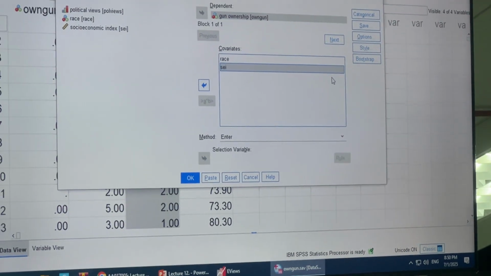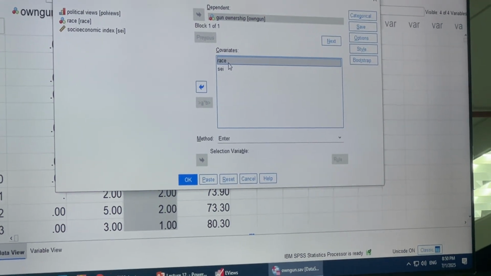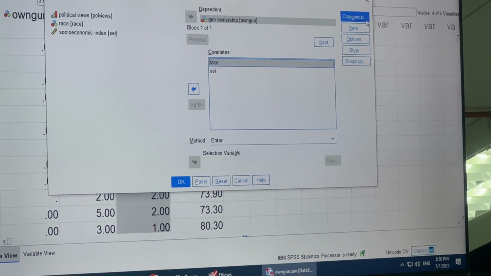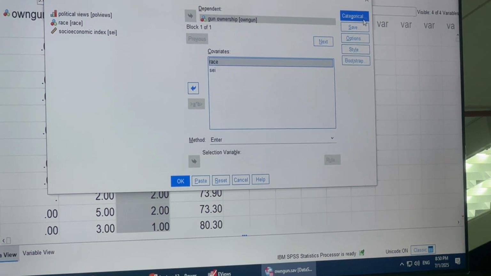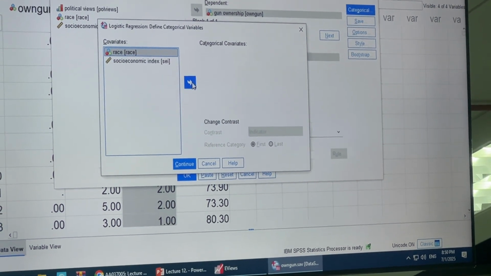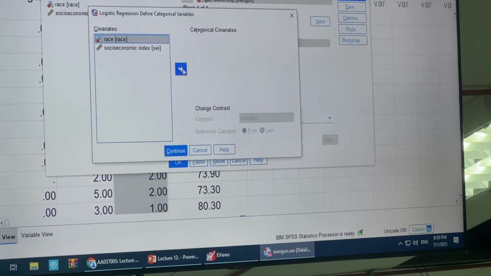Now you have to tell SPSS that this race is a categorical variable. You have to click Categorical, and you put race in this box.